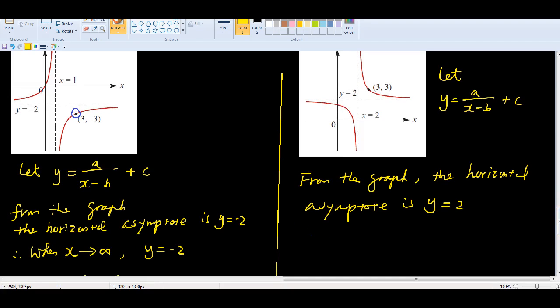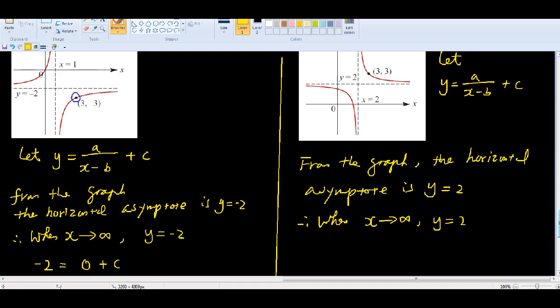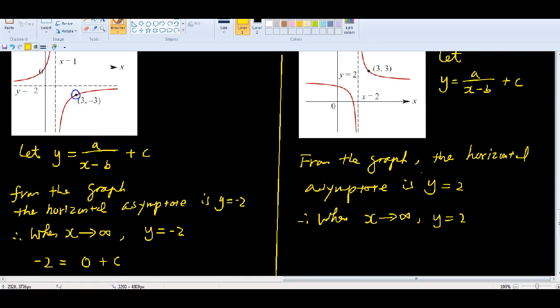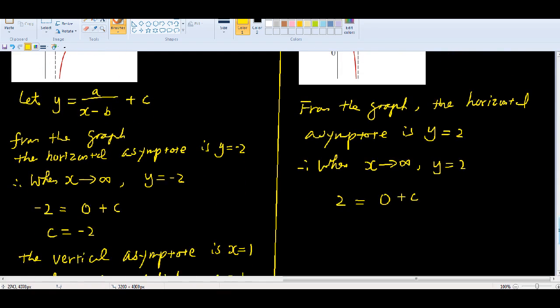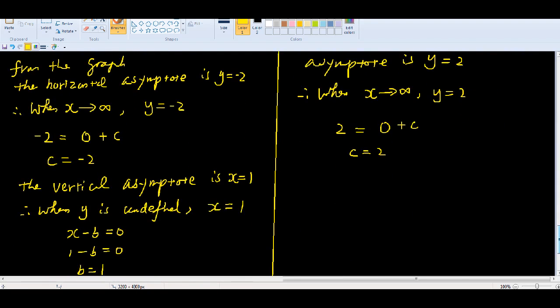Alright, so that means when x tends to infinity, you need to have y equals 2, right? But from the original form, when x tends to infinity, a over x minus b will be 0, so that will be 2 equals 0 plus c. Okay, so this time c equals 2.